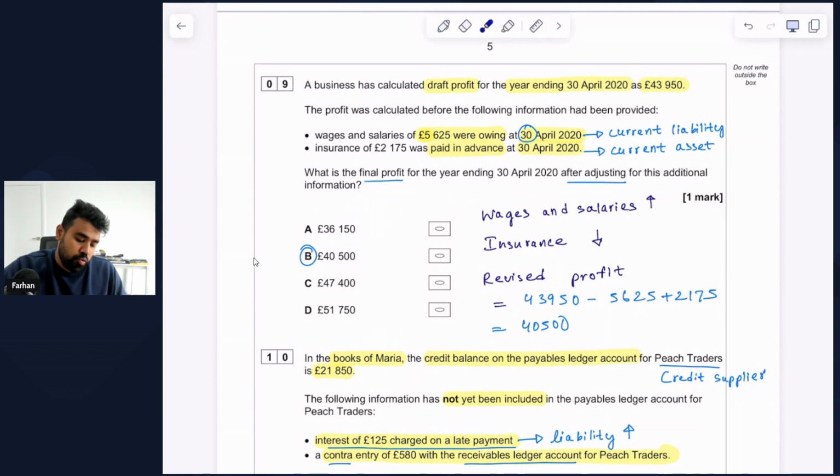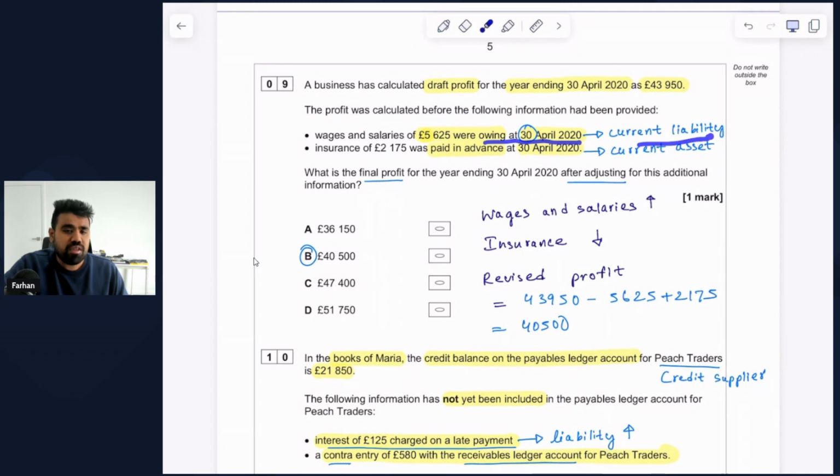Now, we are at the end of the financial year, so both of this information relevant to wages and salaries and insurance are the closing balances. We understand that. Wages and salaries owing at 30 April 2020 is a liability. Why is this a liability for the business? Because this is a present obligation.